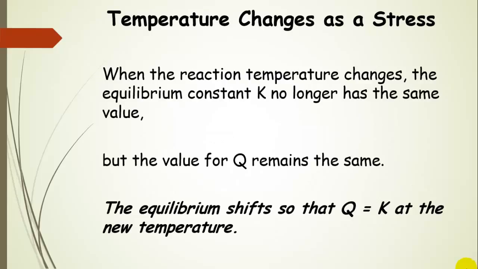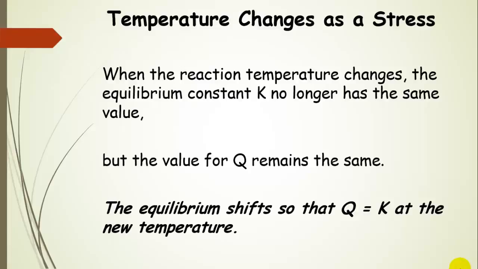So temperature changes are a stress on the system. And the way that this works is that when we change the reaction temperature, the equilibrium constant K no longer has the same value. So remember, the equilibrium constant is the ratio of the forward reaction rate constant divided by the reverse reaction rate constant.